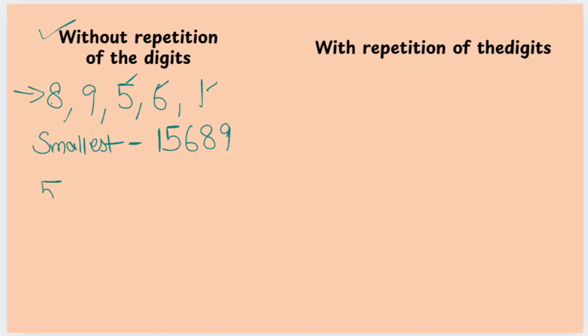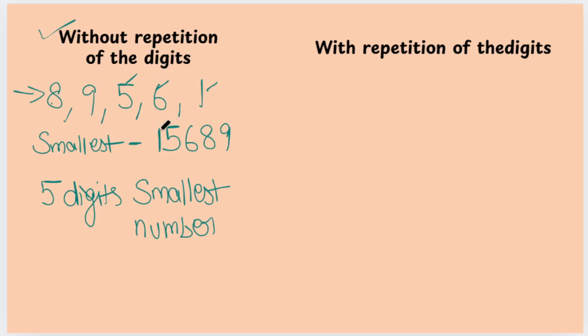If the question is about forming 5 digits smallest number, then you have to write the number smallest and arrange it from the smaller to bigger number.